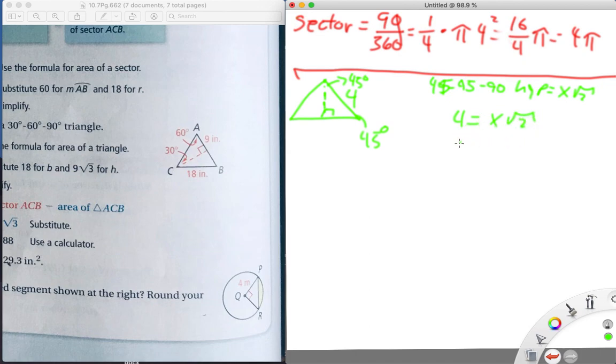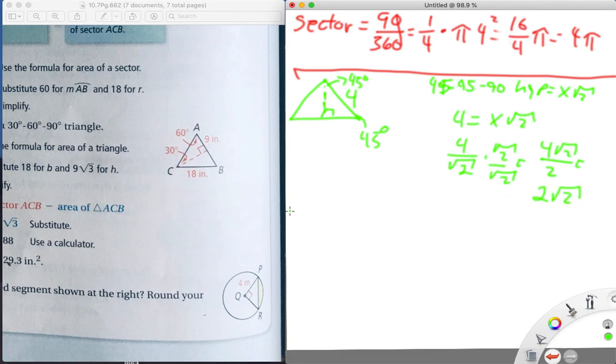Divide both sides by root 2, so it's going to be 4 divided by root 2. Multiply by root 2 because we can't have that in the denominator. This should all be review for you guys. So this is going to be 4 root 2 over 2, which is equal to 2 times the square root of 2.